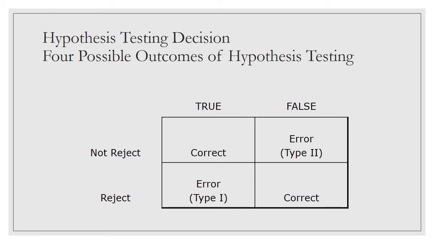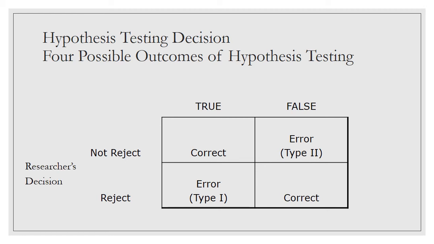When we make these decisions, we can either reject the null hypothesis or retain the null hypothesis. That means not reject. Maybe some people would say accept the null hypothesis. So we either reject the null or retain the null.